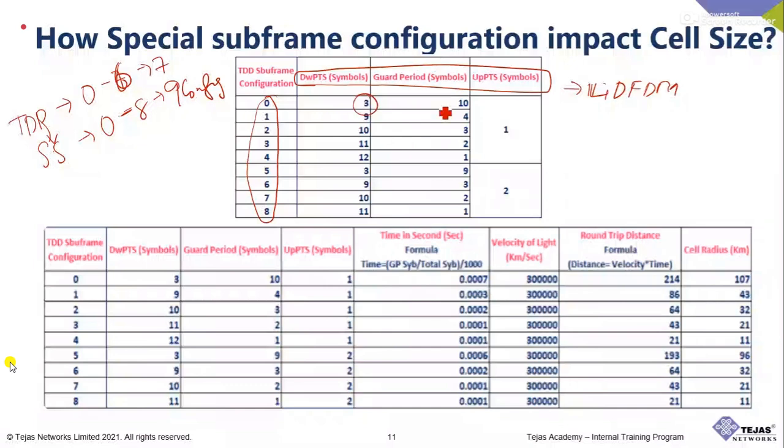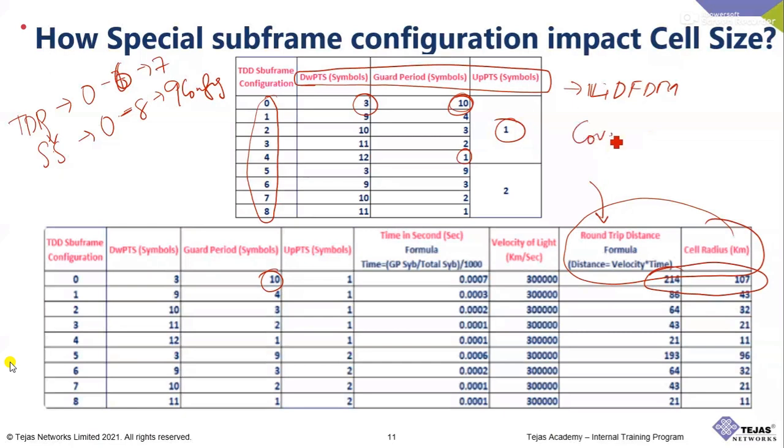How it will impact, you can see here, it will impact the coverage. You can see the cell radius, if you give more guard period, the cell coverage can be increased. And please note this is one of the parameters a configuration can be considered for coverage. There are other parameters also. For example, power will also have an impact on coverage.